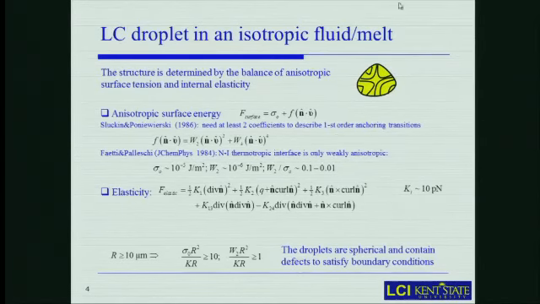So from these estimates, we see that if the volume is supramicrometer, then the surface tension is much larger than the elastic energy. So you would expect the droplet to be a sphere. And another thing is that the surface anchoring energy is also larger than the elastic energy. So you would expect the director to try to satisfy the boundary conditions.